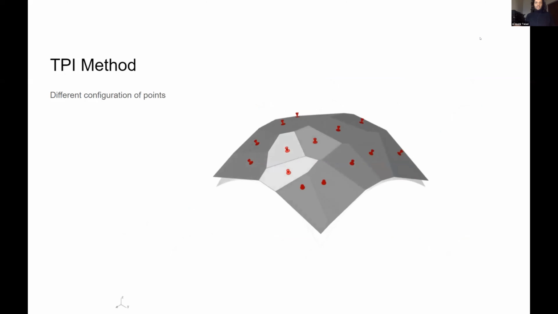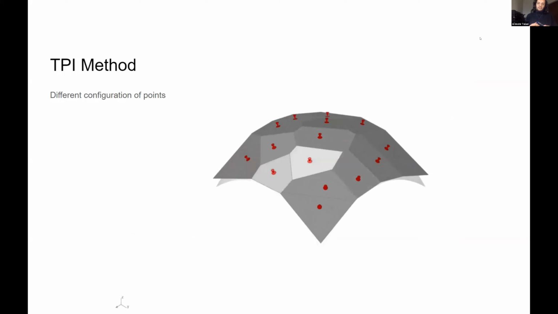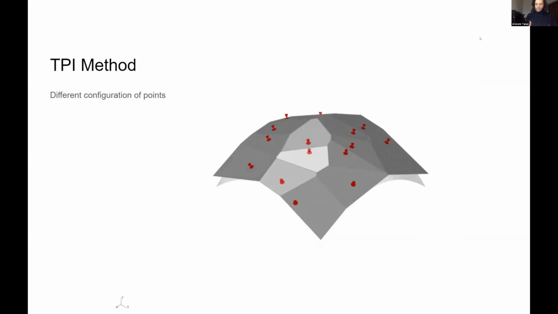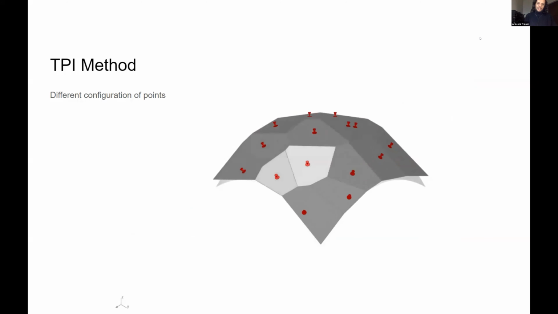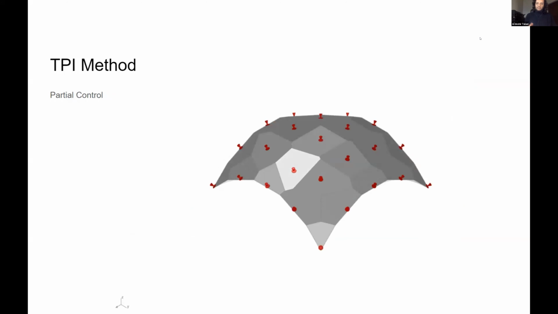The second property, which is also very useful for us, is that it's really reconfigurable. You can keep playing with how you place these points on the surface. You can have different configurations of the points, and you will end up with very different tessellations and very different types of panels. The third property is that you can modify it partially.